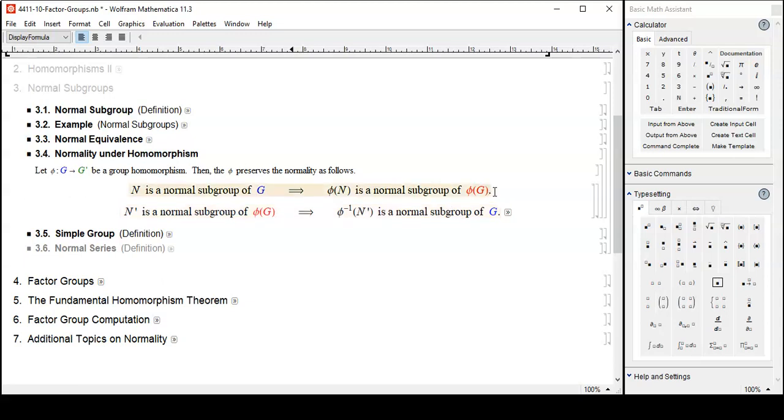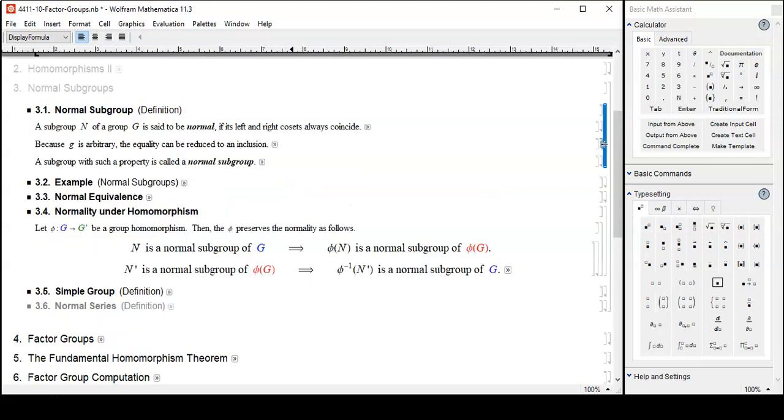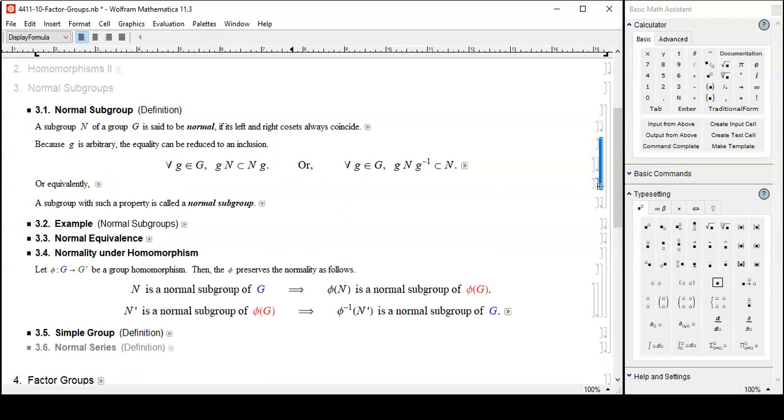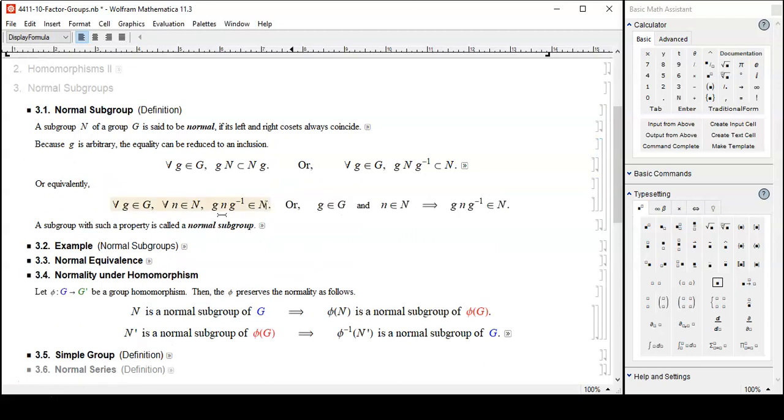But in this direction, it may not work because G prime is bigger, you see. Remember the property of the normality? Let's see. Yeah, basically whether the conjugation belongs to the candidate or not, that's the key. And then we have to consider that for every element of the group. But if you consider a bigger group, then we have to consider more candidates of G's.